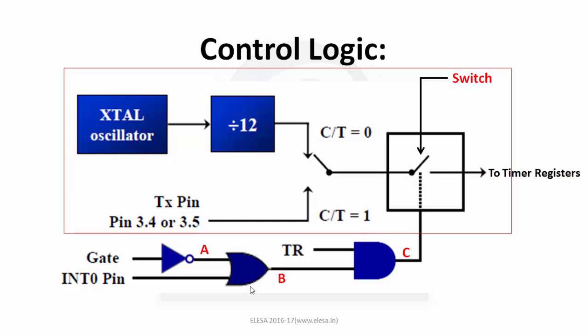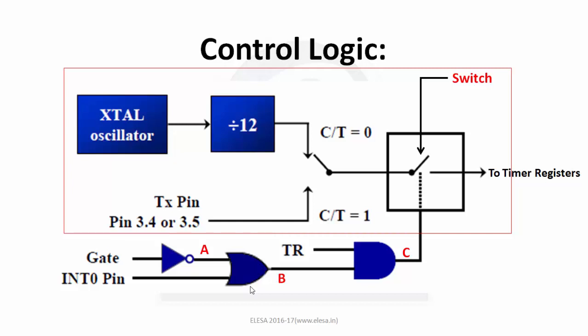So we are getting 12 divided by 12 equals 1 MHz clock at the terminal of the switch. Now when C/T equals 0, this 1 MHz is connected to the timer register. But when C/T equals 1, we can get the oscillations from the TX pin, that is pin 3.4 or 3.5 of the controller.